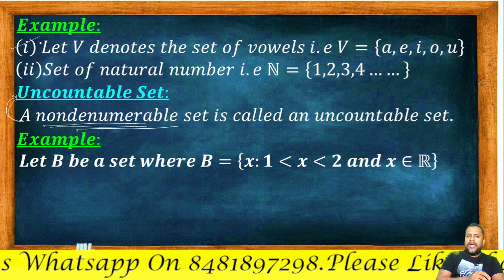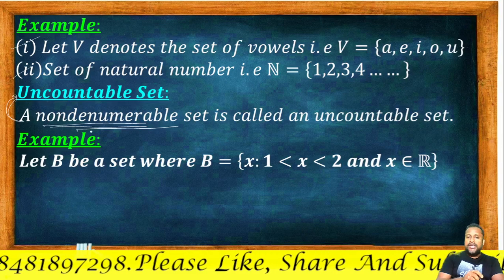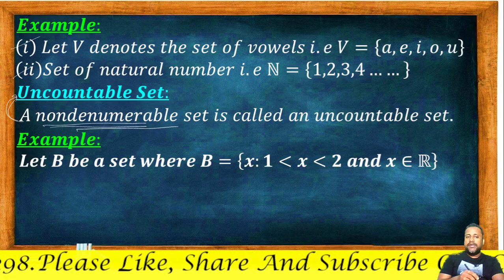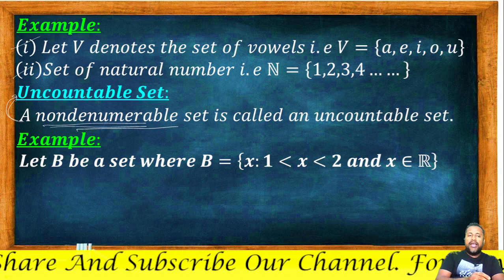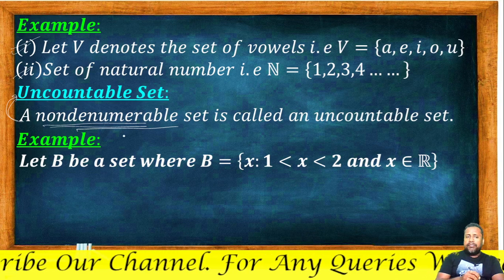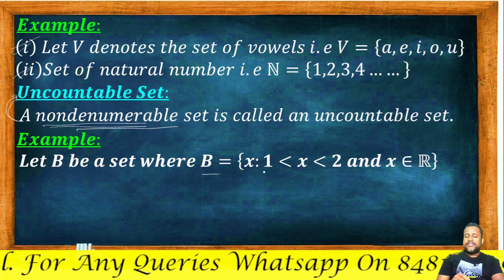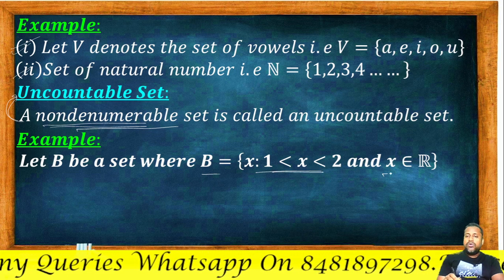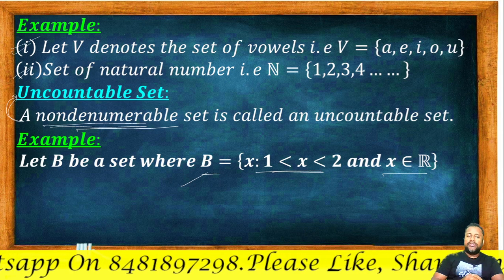Here I have given two examples for countable sets, and one example for an uncountable set: B equal to {x such that x greater than 1, less than 2, x belongs to R}. So it will actually be an uncountable set.